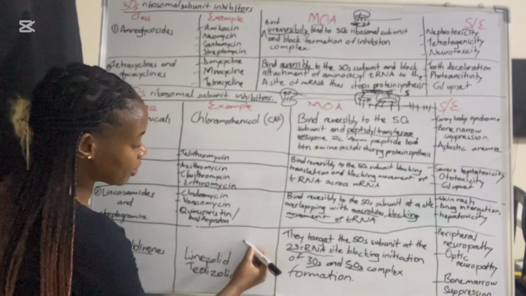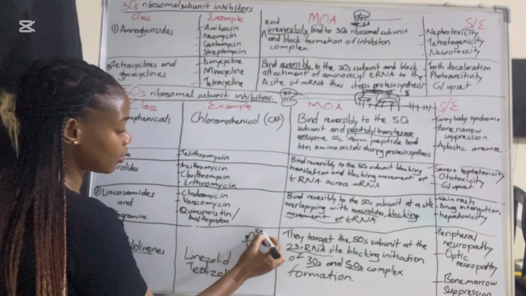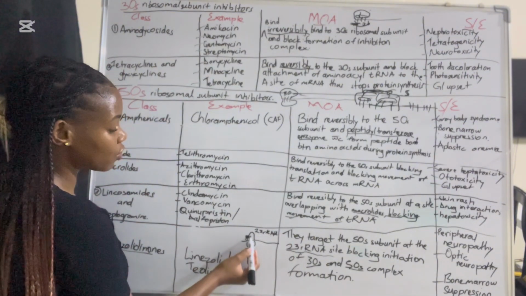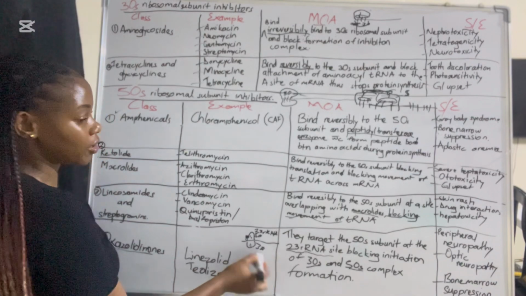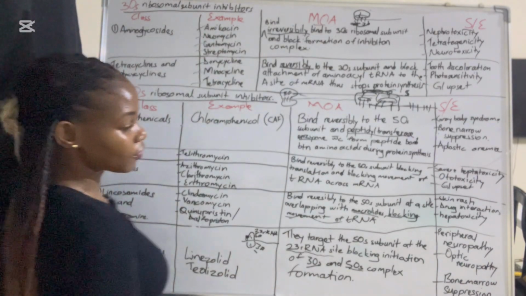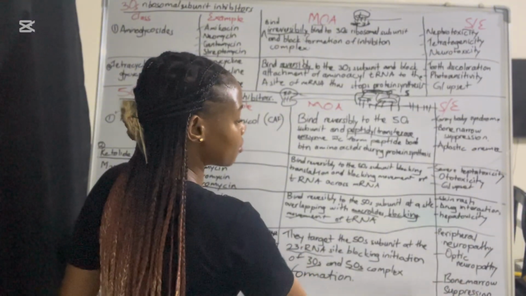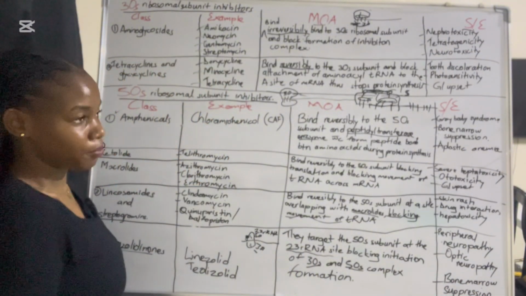So these bind at a specific site called 23S RNA, blocking formation of this complex between the 50S and the 30S ribosomal subunit. Our side effects, therefore, are peripheral neuropathy, optic neuropathy, and bone marrow suppression.